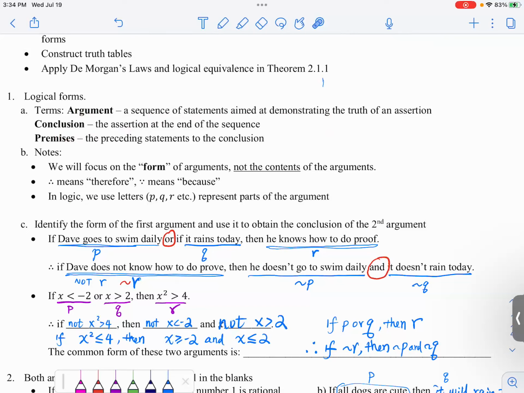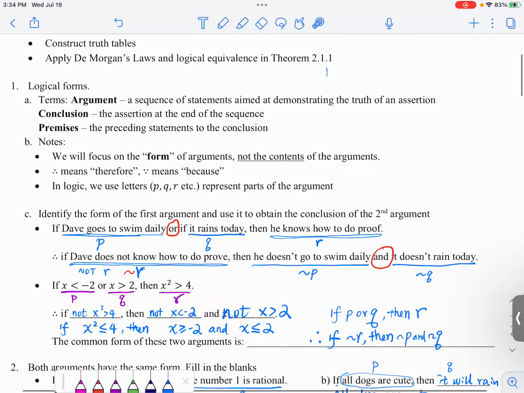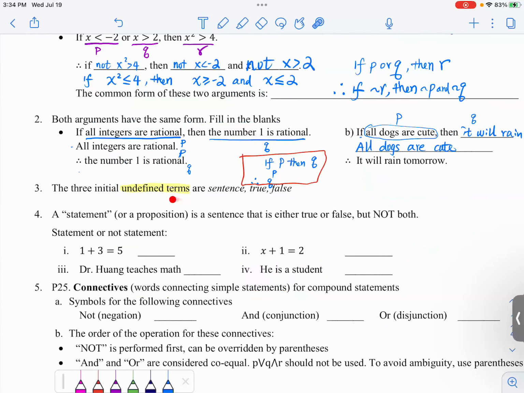But if you define something again using other words, eventually you will reach an end where there have to be some words that you cannot define anymore using other words. The end of the chain, we call undefined terms.